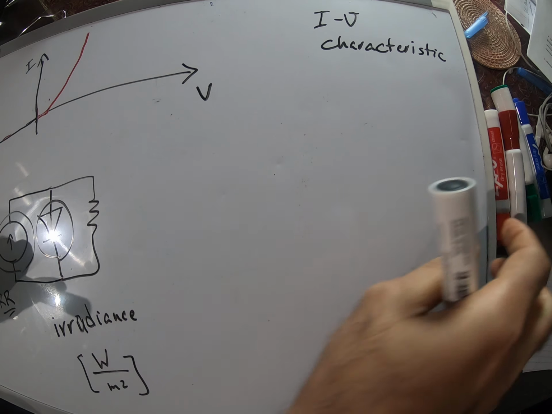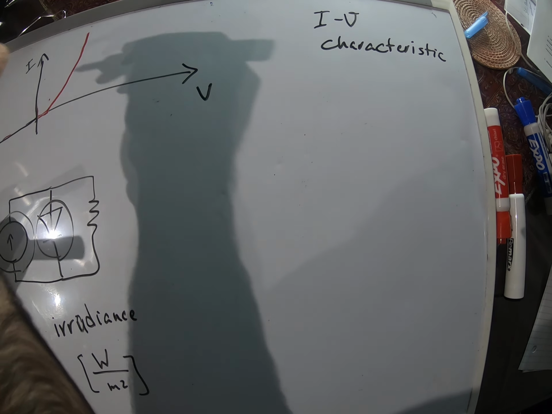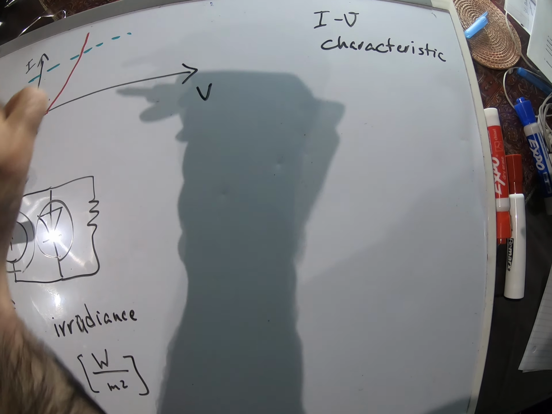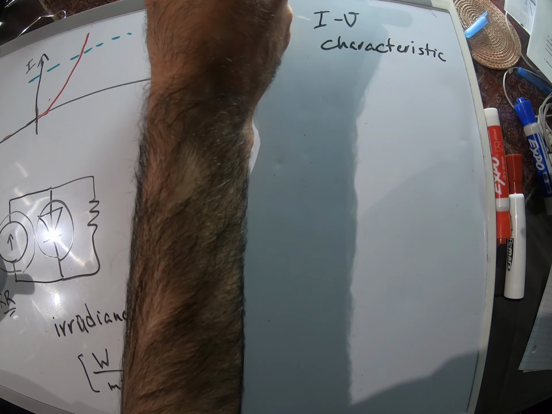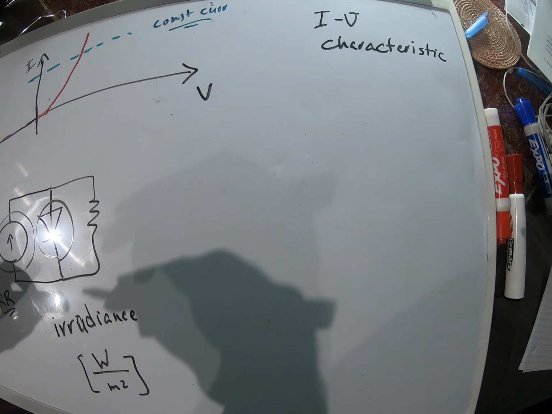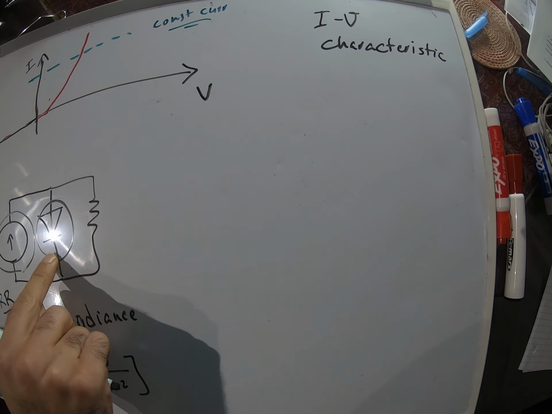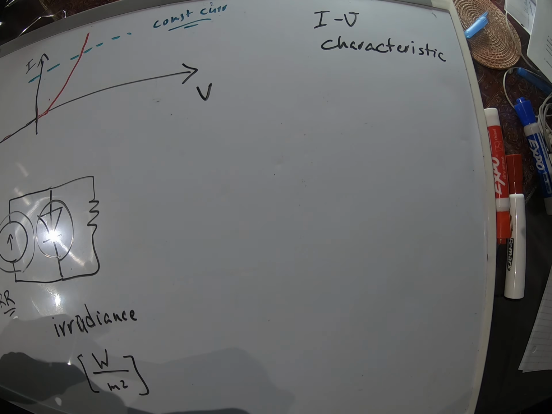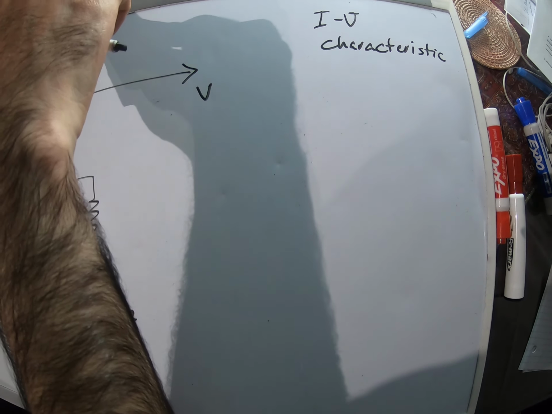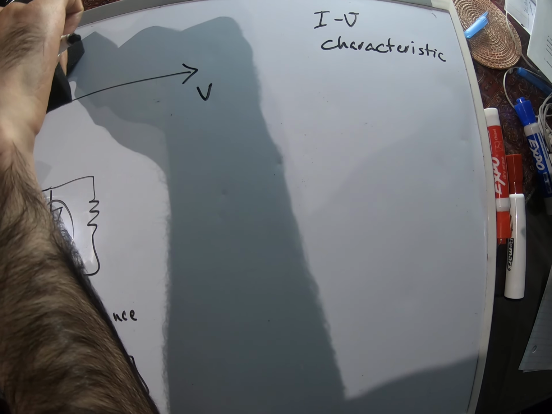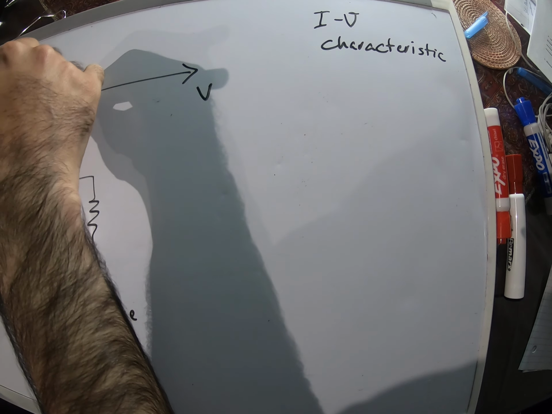And if we combine these two together, the characteristic of a constant current source and the diode, and we also have a load, the IV characteristic of a solar cell would look something like this.